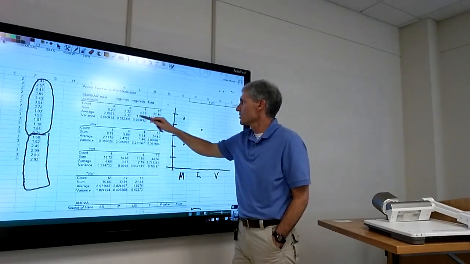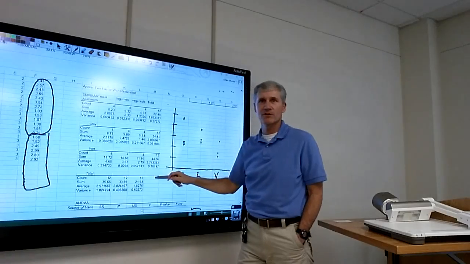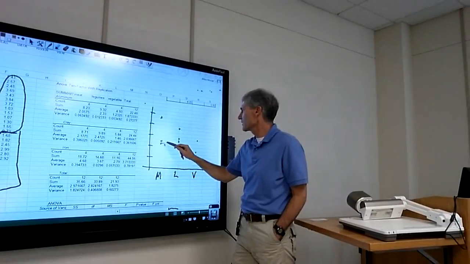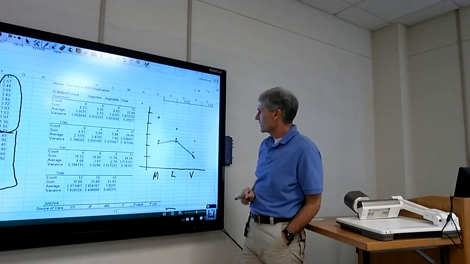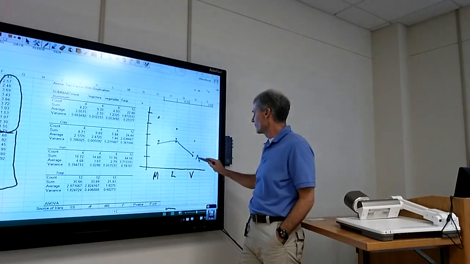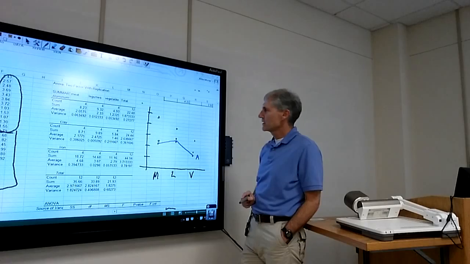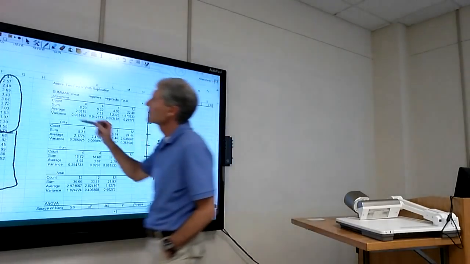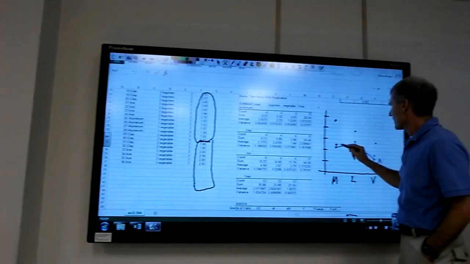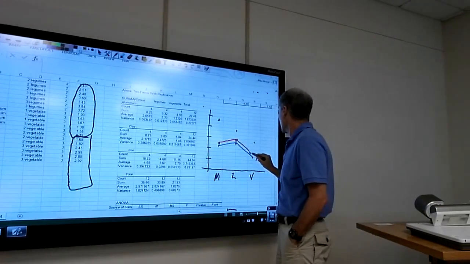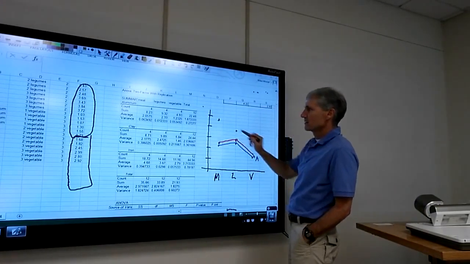Yeah, so the aluminums are always lower than the other two. So this one in blue is aluminum. All right, and then the next one is clay.